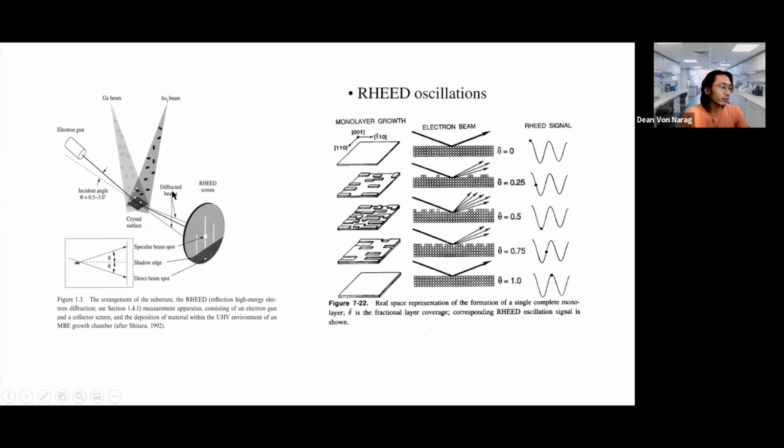Okay, so using reflection high energy electron diffraction. Basically, if you have a clean, very smooth layer, your diffracted electron beam has a very high intensity, very high RHEED signal. And then as you grow, as you deposit material on the pristine thin film, you have some diffusion of the electron beam.